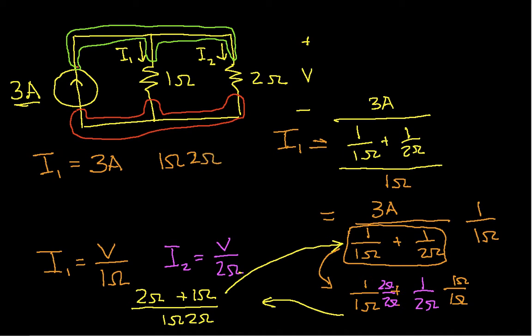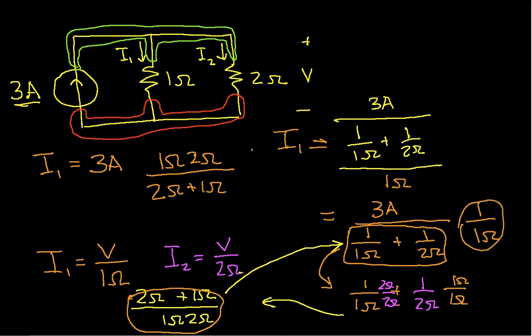So basically I'm dividing now by this expression, so that's the same as flipping it and multiplying: 2 ohms plus 1 ohm, and then I still have this guy over here, which is the 1 over 1 ohm, which then simplifies. These two cancel, and I'm left with 3 amps times 2 ohms over 2 ohms plus 1 ohm. Okay, that was a mess.